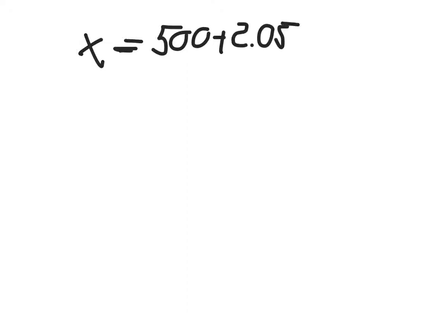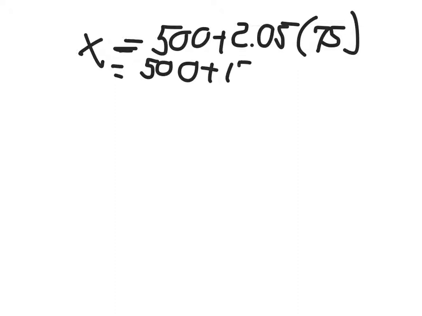So I'm going to start putting this together, and I'm going to have x is equal to 500 plus 2.05 times 75, and that's going to be 500 plus, I think it's 153.5, something like that, or 153 and a quarter.